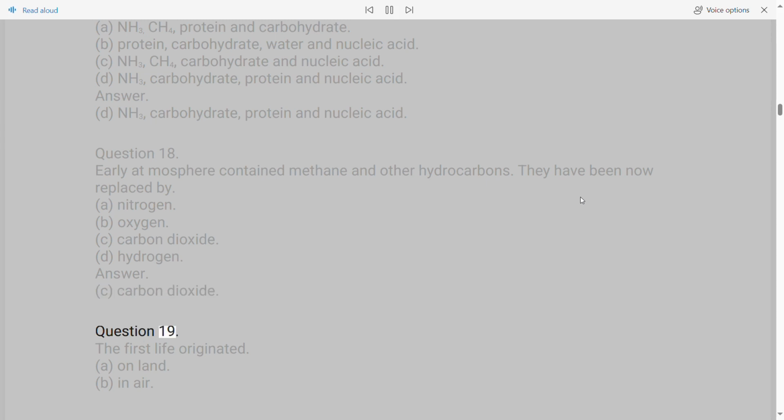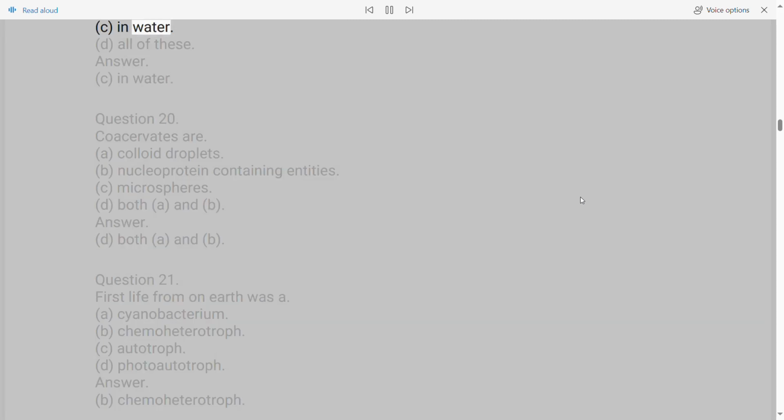Question 19. The first life originated A. On land. B. In air. C. In water. D. All of these. Answer. C. In water. Question 20. Coacervates are A. Colloid droplets. B. Nucleoprotein containing entities.